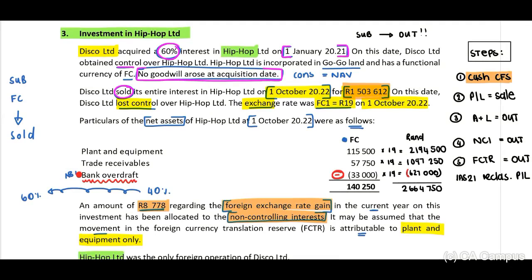This 627,000. Now look at this. It's a negative. Now if we need to take this out, we need to add this to our 1.5 million.